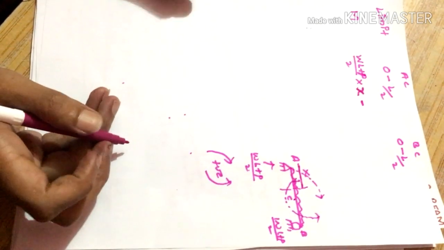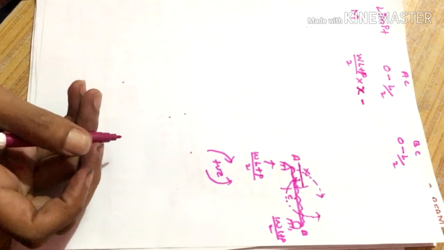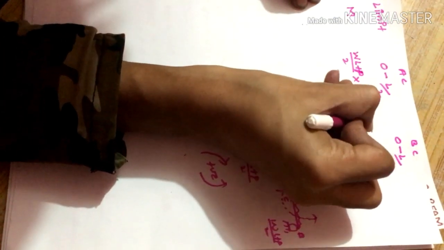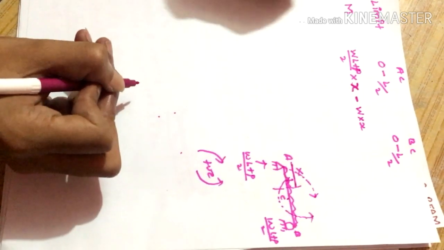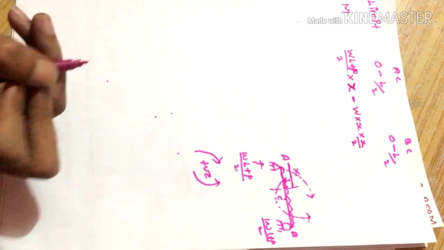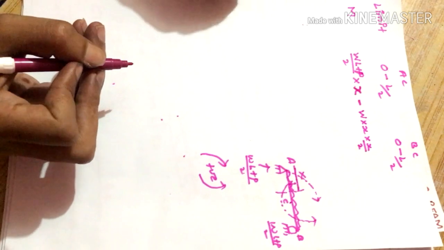This is anti-clockwise, so take negative. Let us calculate. W into X is converted into a point load acting at X by 2. This is the moment.